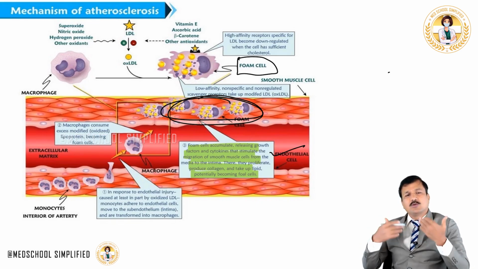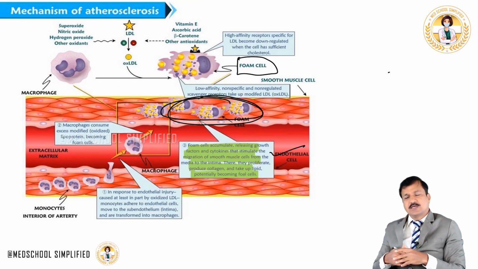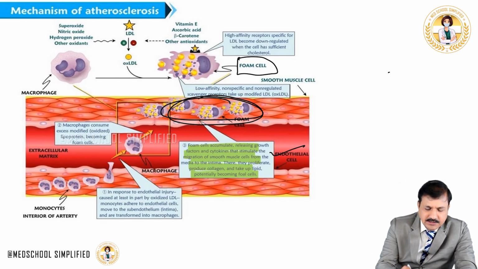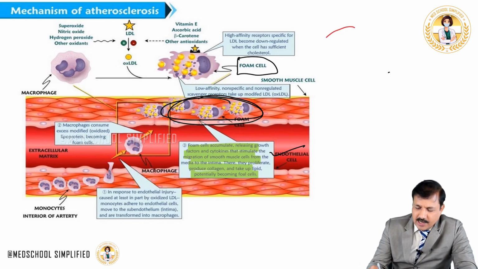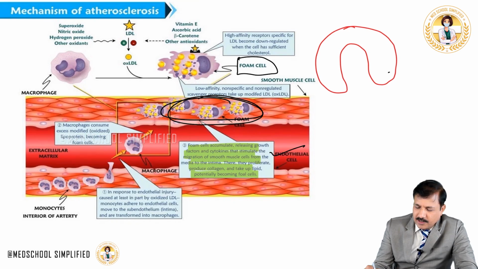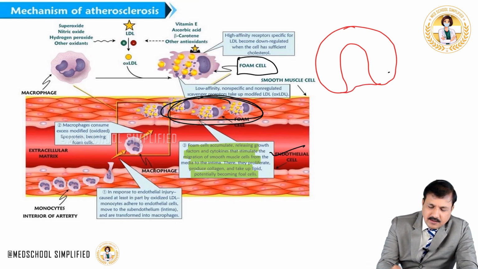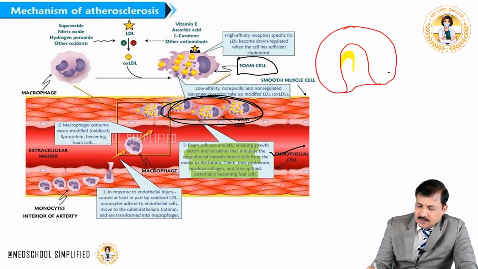Like this, more and more foam cells will build up beneath the endothelium, and that leads to bulging of the subintimal space into the lumen of the blood vessel. So let me show you that. It will be something like this. A fatty streak will accumulate inside the subintimal space, and thereby it is bulging into the lumen.